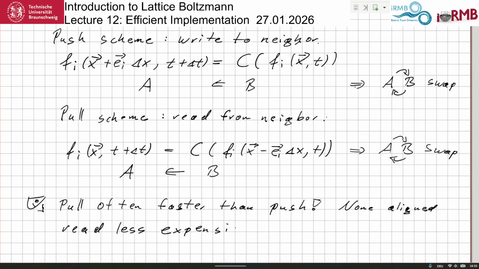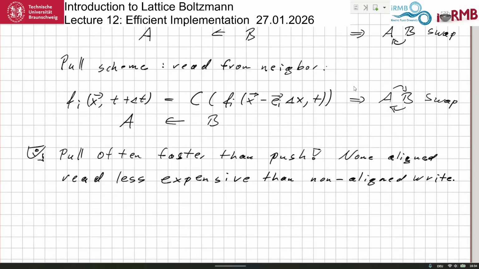So this is why you should rather use pull rather than push. So now I was teaching you stupid stuff, but you can improve on this and see whether this actually makes a difference.